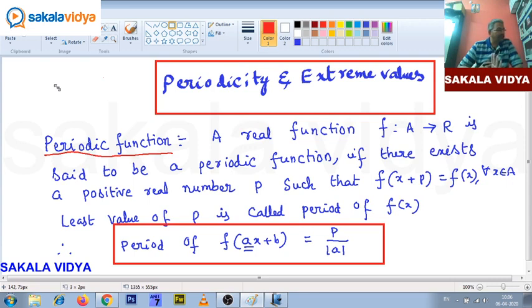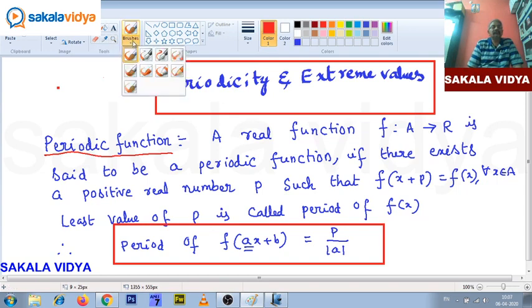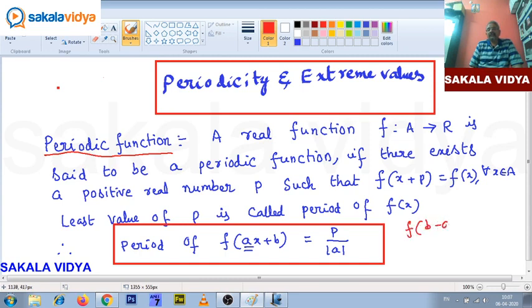Even for f of b minus ax, the period is p by mod a only. This is also very important to keep in mind.